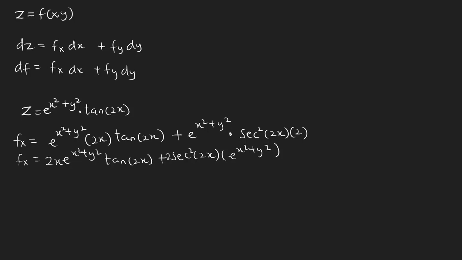So this is what you have. What I'll do is bring a square bracket and put the dx here. That was for the first term. Now let's do the same for the second term.